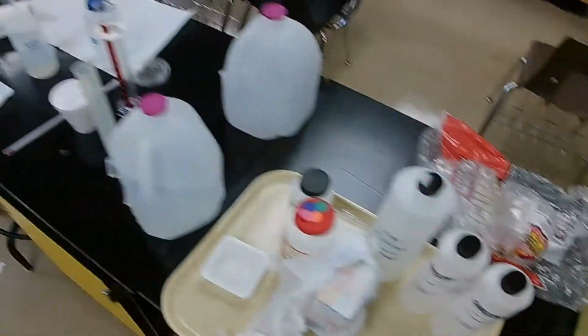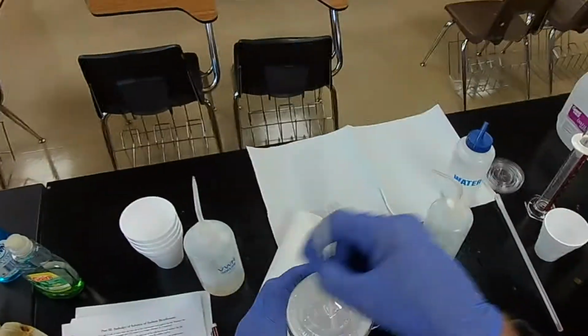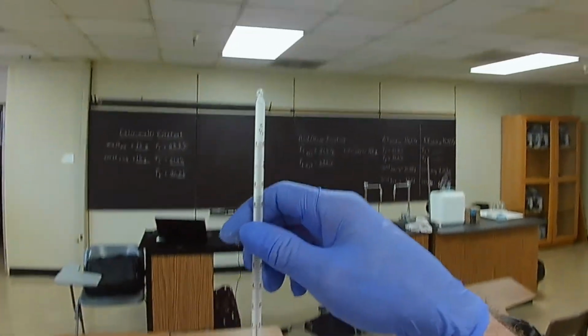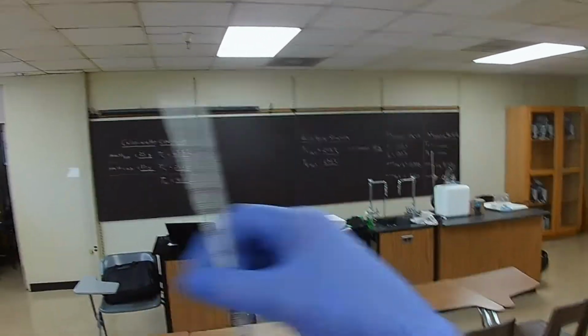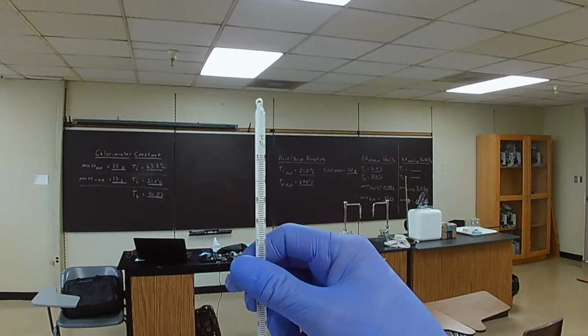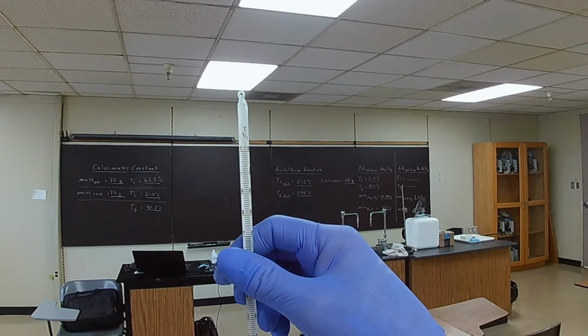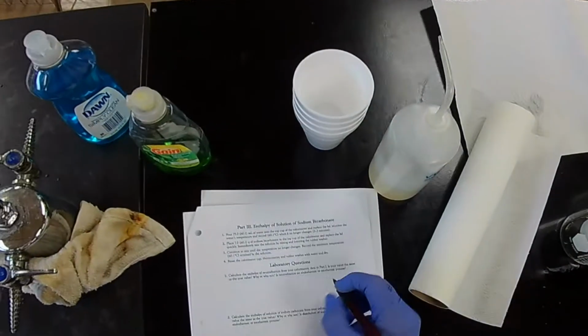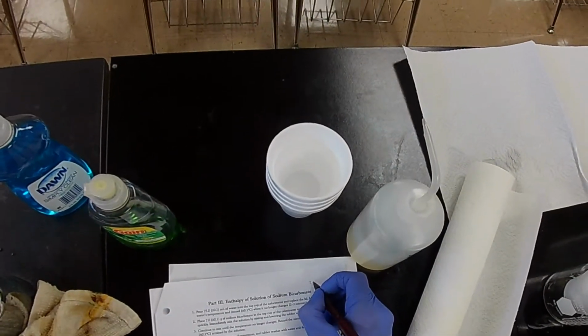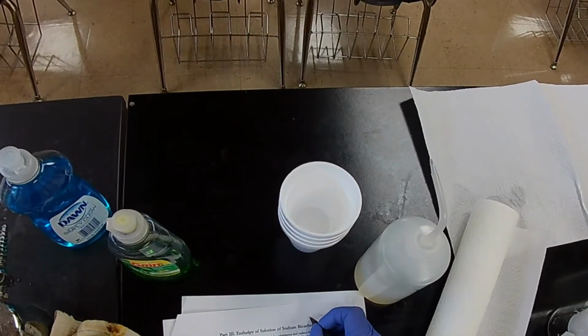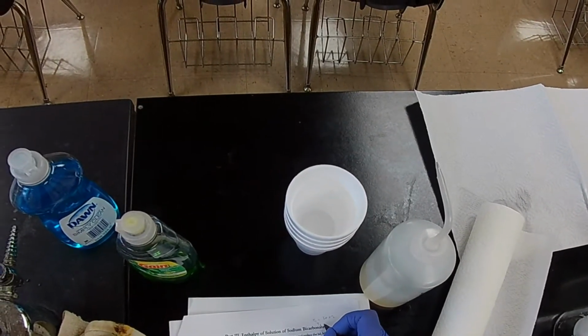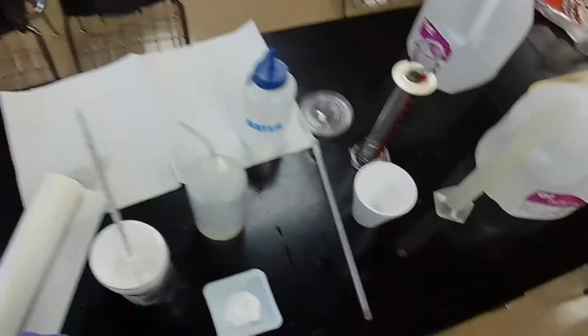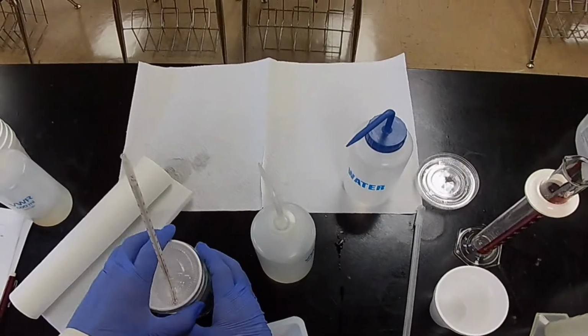Sodium bicarbonate. All right, initial temperature. Let's see what the initial temperature is. 20.5. 20.5 degrees is the initial temperature, and the final temperature we'll determine after adding the sodium bicarbonate.